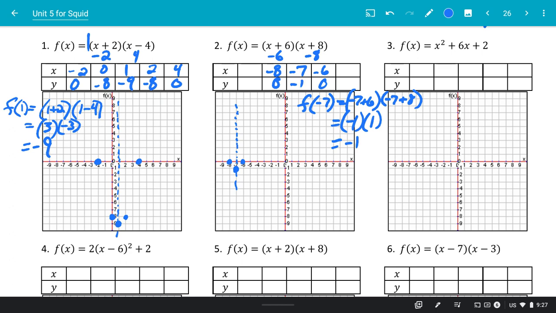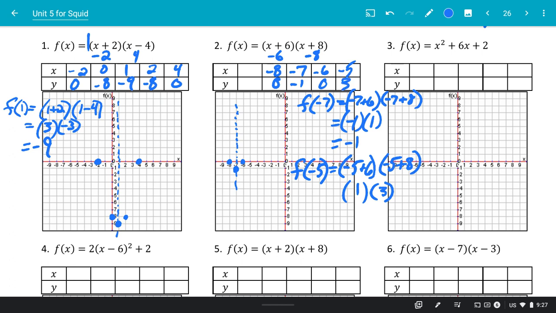I don't really need any more points, but I'm going to do more just for fun. Okay? And I'm going to do -5 here. f of -5 is -5 plus 6 times -5 plus 8. -5 plus 6 is 1. -5 plus 8 is 3. 1 times 3 is 3.